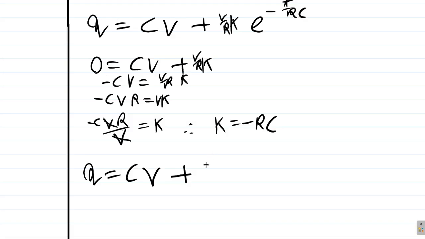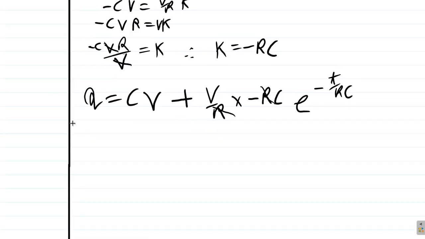So you have V over R times K. But you have to consider what is K. K is negative RC. So it's V over R multiplied by negative RC. Alright, let me put the bracket. V over R multiplied by negative RC times e to the negative t over RC, right? Oh, but guess what? R cancels R here, you know. Right? R would cancel R there.